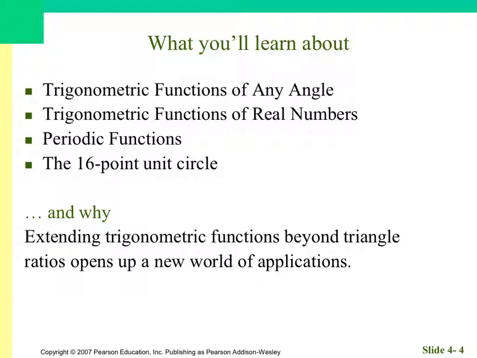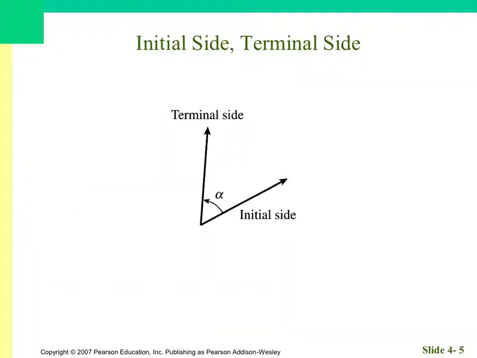So what you're going to learn about: trig functions of any angle, trigonometric functions of real numbers, periodic functions, and the 16-point unit circle, and why extending trigonometric functions beyond triangle ratios opens up a new world of applications. An angle has an initial side and a terminal side.